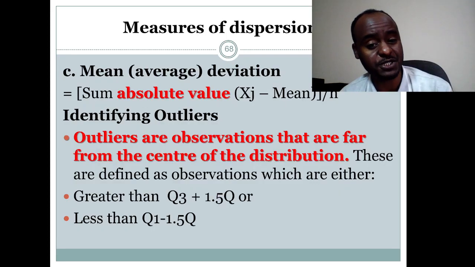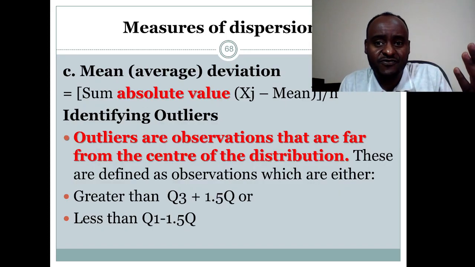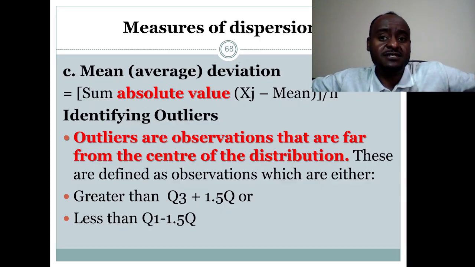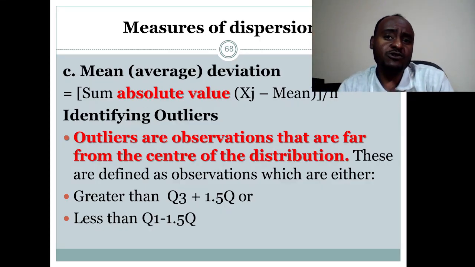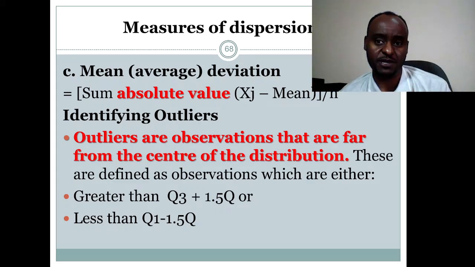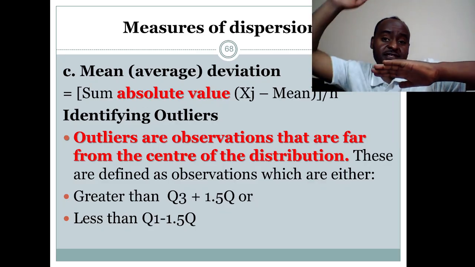But it has limitations. One of the limitations is that we don't know the direction of those variables, right? Because we are talking about absolute values, we don't know whether that specific data point is above the mean or below the mean. That is very essential. Whether the spread of the data is below the mean or above the mean.